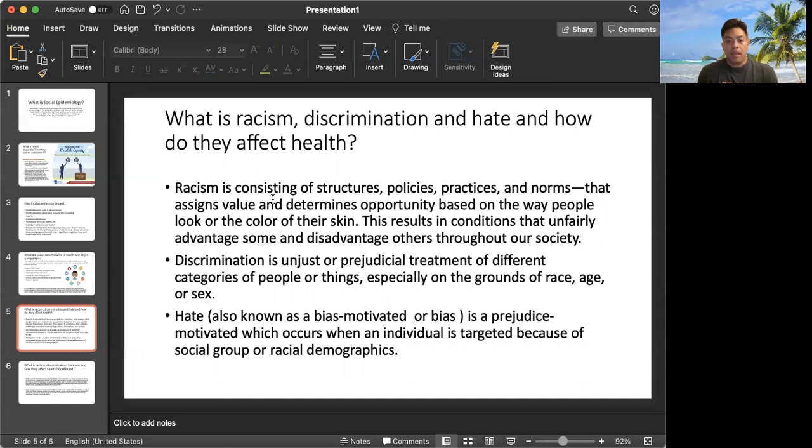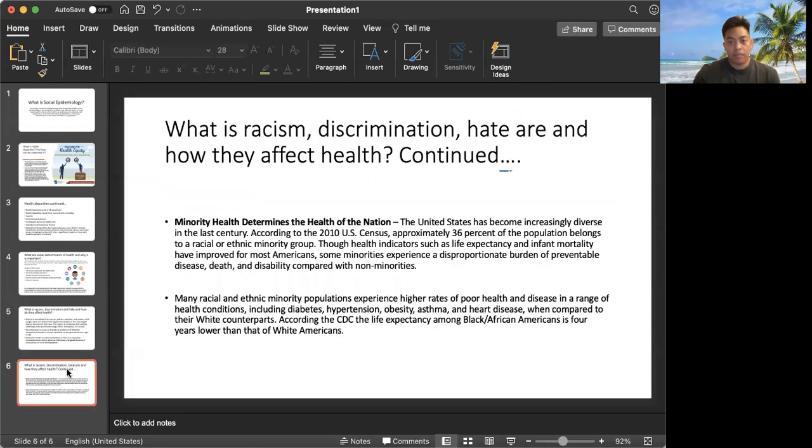And then hate is bias motivated, and it occurs when an individual is targeted because of a social group or racial demographics.